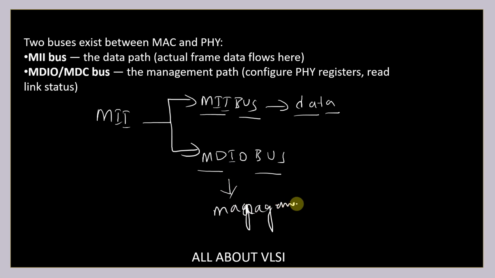Using the MDIO bus, we are not going to send any actual data that we want to transmit or receive. Actual data is transmitted or received using the MII bus, not the MDIO bus. The MDIO bus has other special requirements that we are going to see in a few seconds. But if you want to send or receive actual data to or from your physical chip, from or to the MAC controller, we use the MII bus.